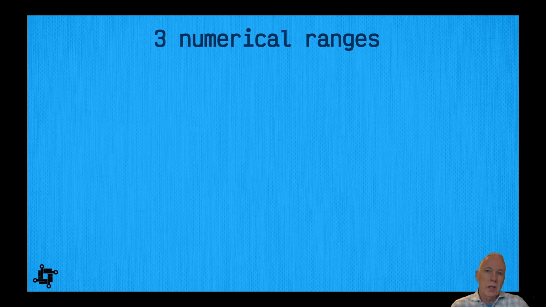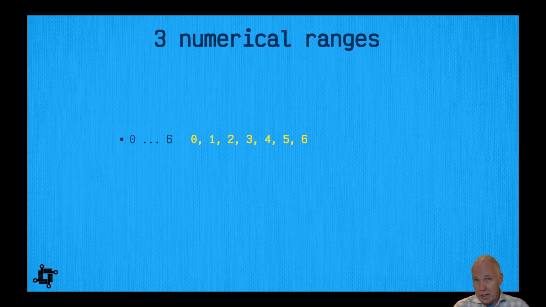So there's basically three types of numerical ranges that we can specify in a for-in loop. The first is, for example, a beginning value and an ending value, and then all of the values in between. So when we're dealing with integers, as an example, and this doesn't work for floats because floats would have sort of an infinite precision, if you will. But with integers, we can easily say, look, let's start at 0 and let's end at 6.